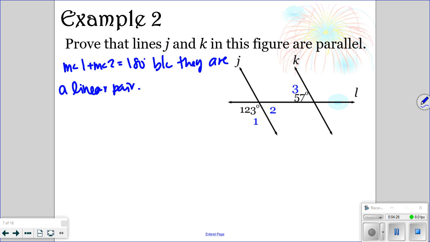So since angle 1 equals 123, the measure of angle 2 is going to equal 57 degrees.